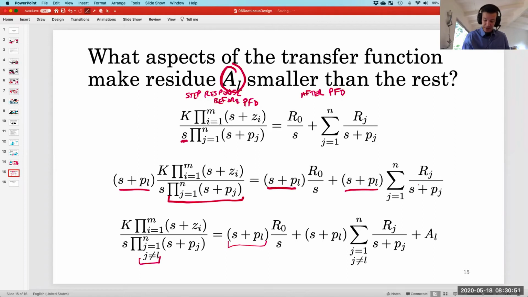And actually I can say the same thing over here. There will be n terms. One of those terms will be the lth term. So what I'm doing is I'm splitting out the lth term out here, and then I'm skipping the lth term in the rest of the sum. Okay, so what would you do next if you were going to do partial fractions now, after you've done the cover up?